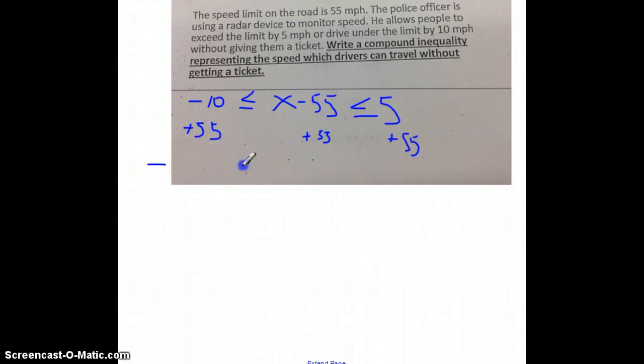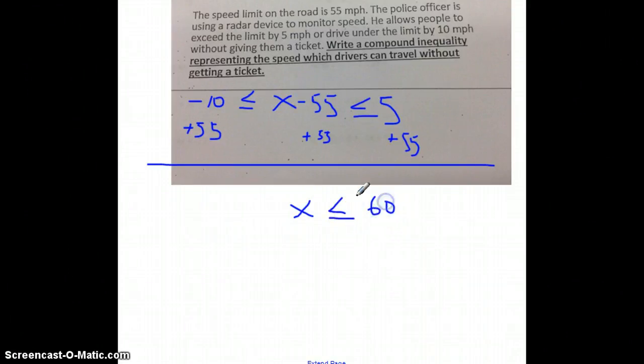Okay, then if you look, x remains in the middle. 5 plus 55 is 60. 55 minus 10 is 45. And so if you look, it's saying, hey, you could do 5 miles over 55, which is 60. You could do 10 miles an hour below, which is 45.